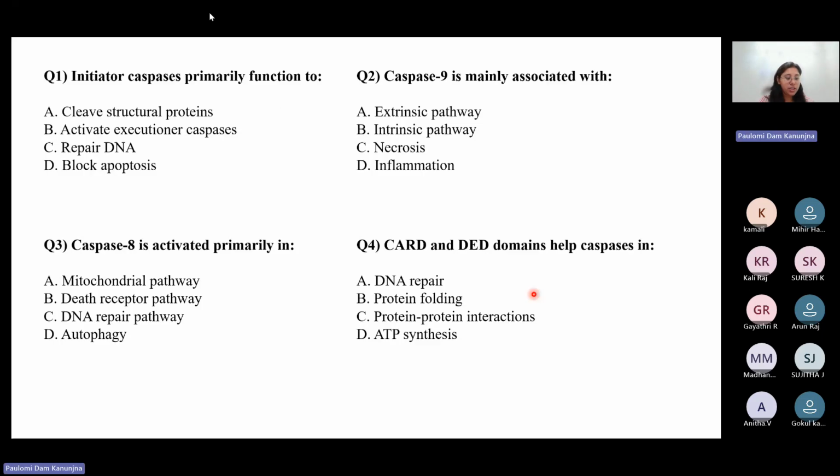Okay. I'll give the answers. Okay. So B, B, B, and C, as we saw in the chat box.